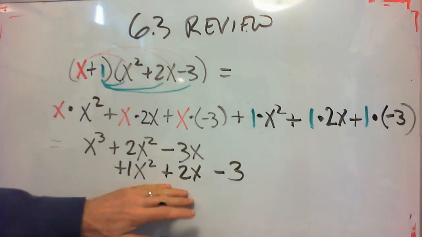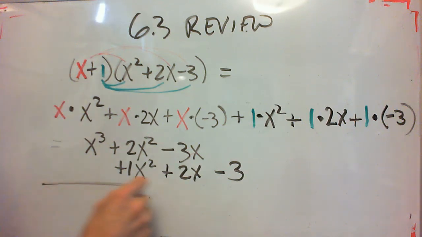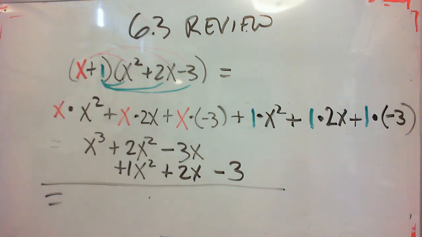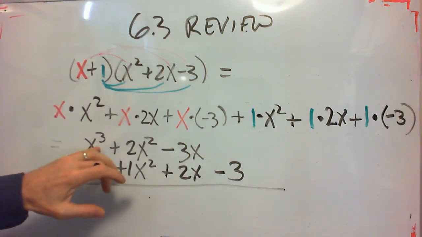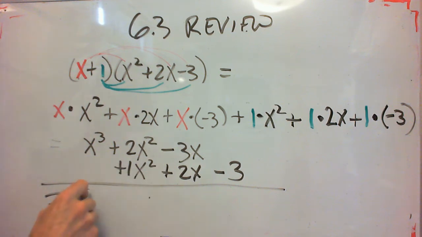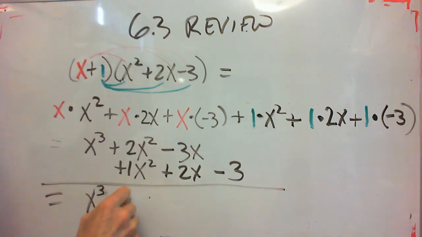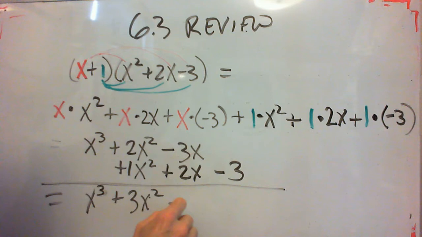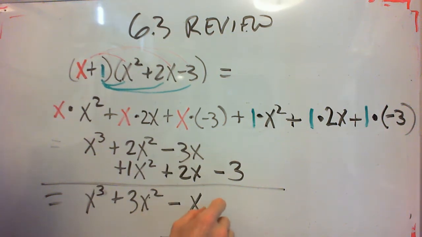I line up these like terms, so then what we always have to do with this type of problem is then combine like terms. So we have x cubed plus 3x squared, a negative 3x plus 2x is a minus 1x or just minus x, and then minus 3. So that's our answer.